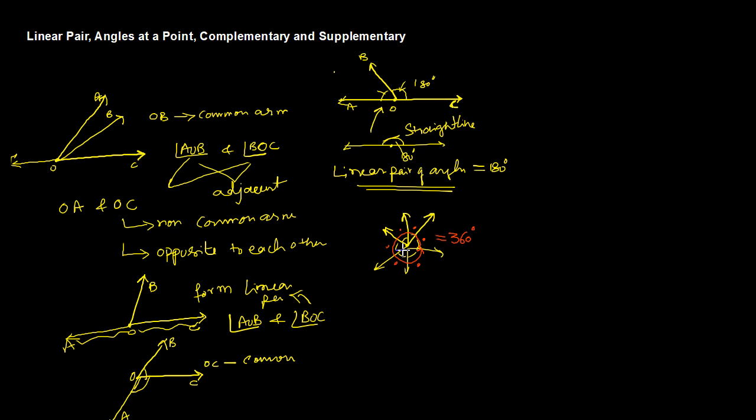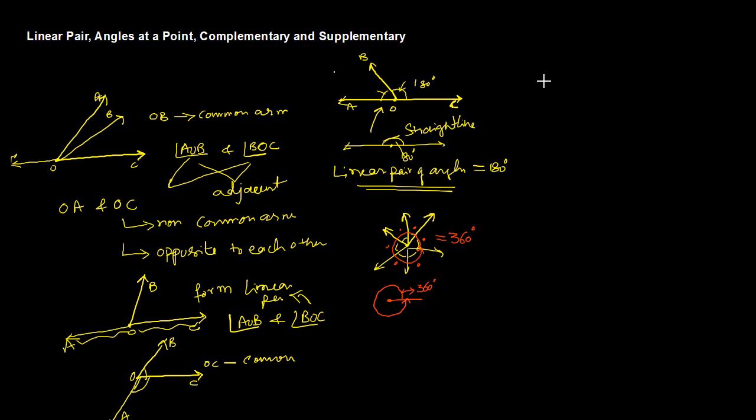If it is a straight line, you already know it's going to be 180, and the rest of it, if I sum all of that at a point, is going to give me 360 degrees. So remember that the sum of angles at a point, starting from anywhere going back to where I started, is going to give me 360 degrees.